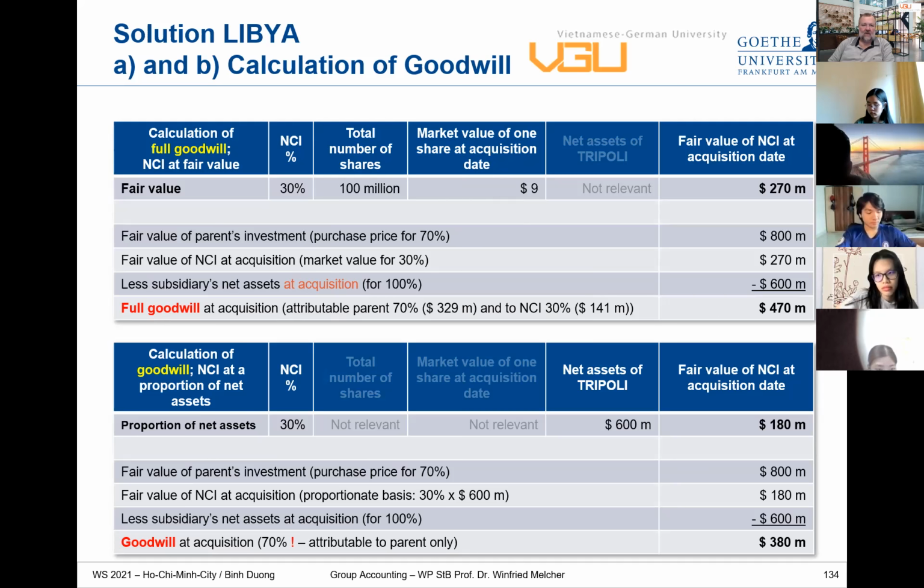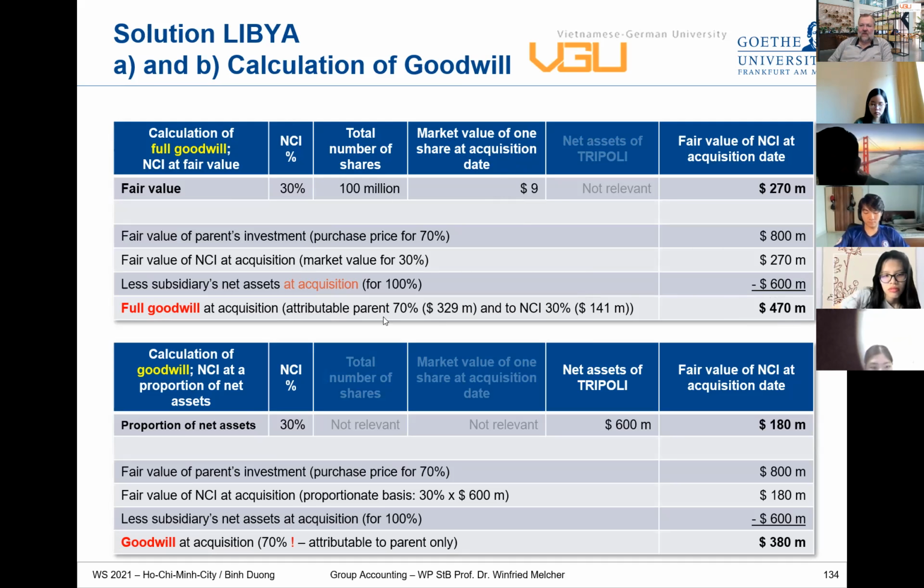And therefore, we would say that a portion of that goodwill is, of course, related to the non-controlling interests because we took the market price to arrive at that goodwill. So we call this difference a full goodwill.